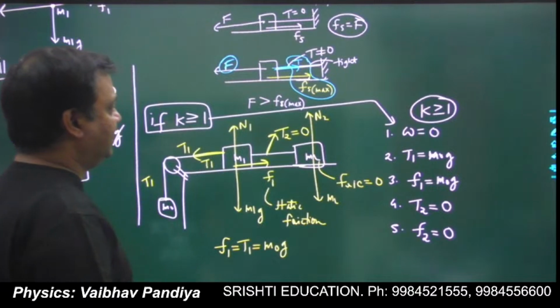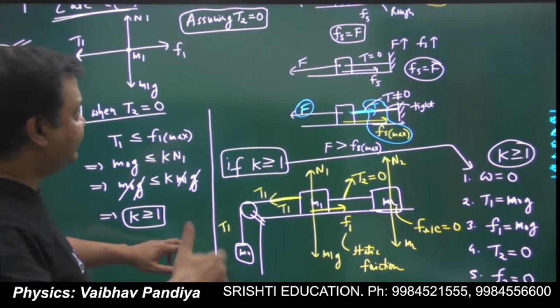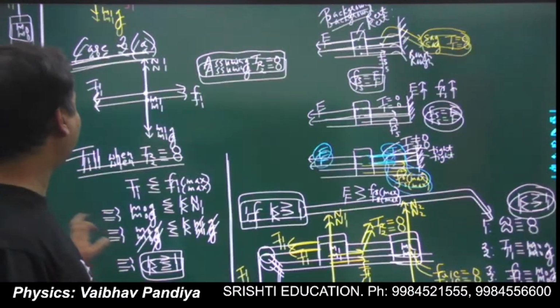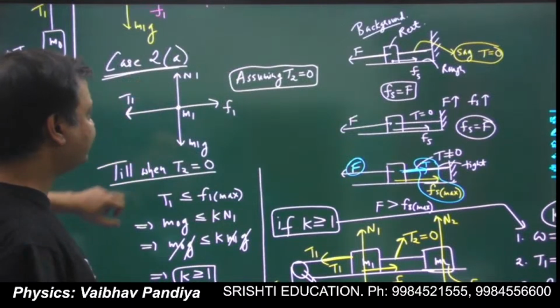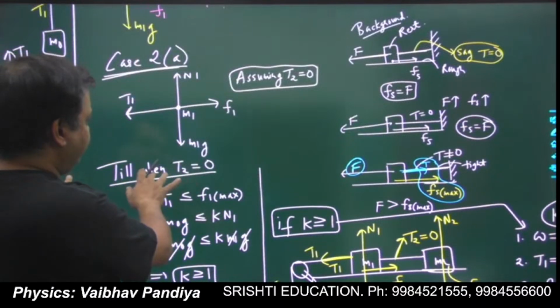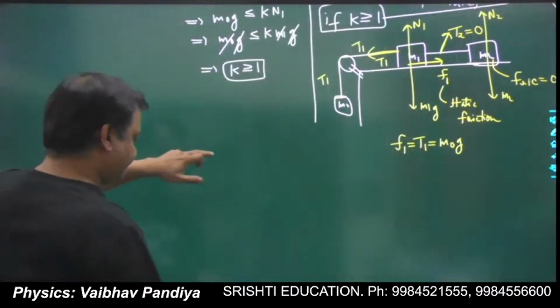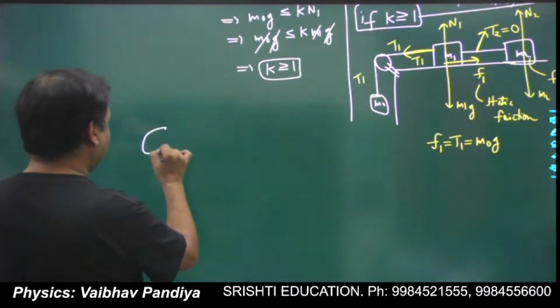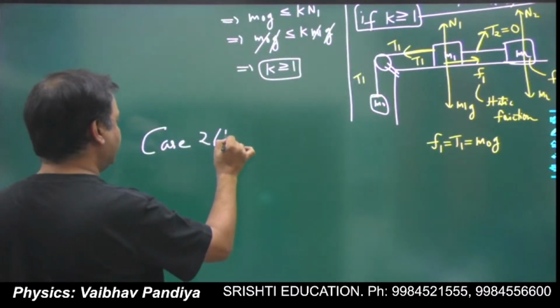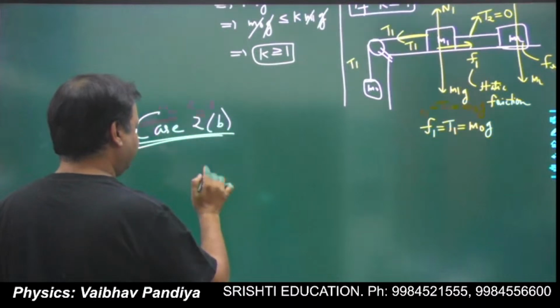Okay. Now let's see the second subcase of case 2. That was the first case, when we were assuming T2 is equal to 0. Now we'll come to case 2b.